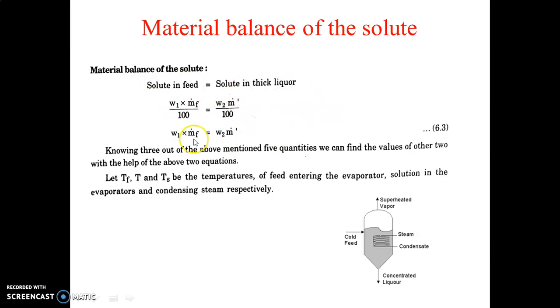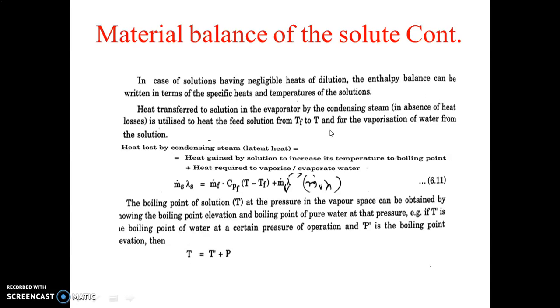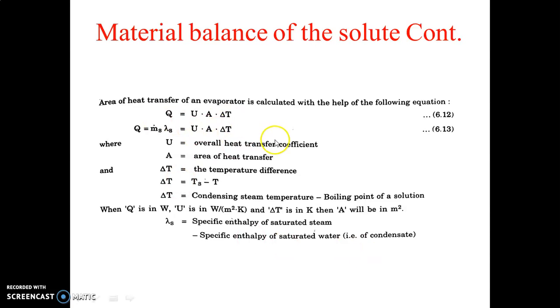These two you have to use for the calculation of the water evaporated, and in calculation of steam economy you have to use this formula, that means heat balance along with the material balance, and also this formula and then this formula.